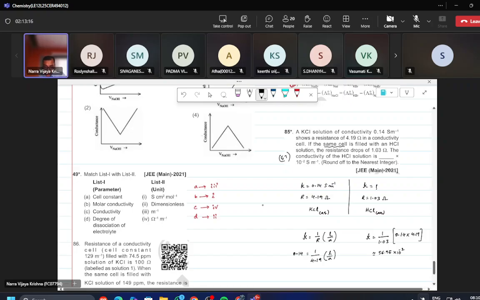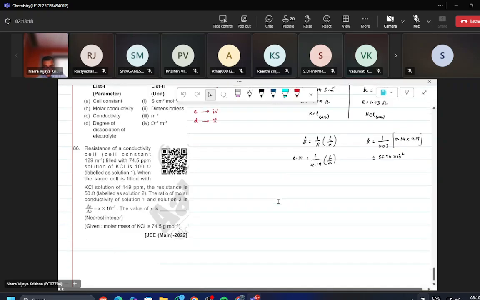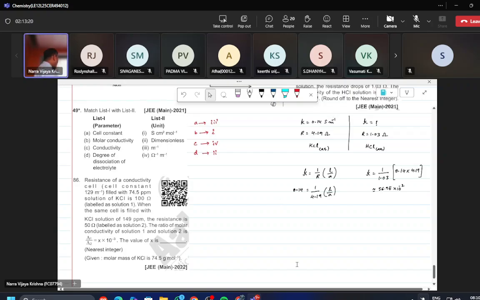Come to next question. Now what are they saying? Resistance of conductivity cell. First they have given KCl again. In this KCl solution, what do they give? L by A is given, 129 per meter.